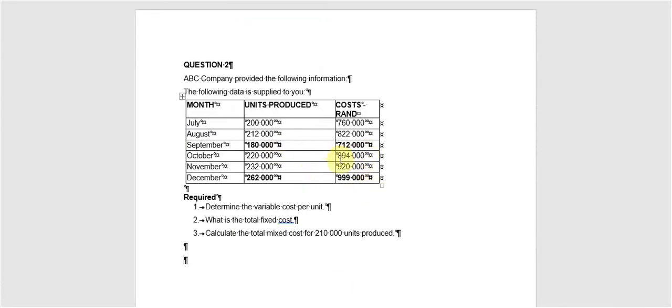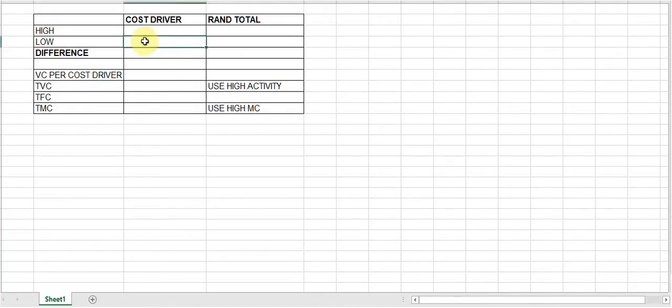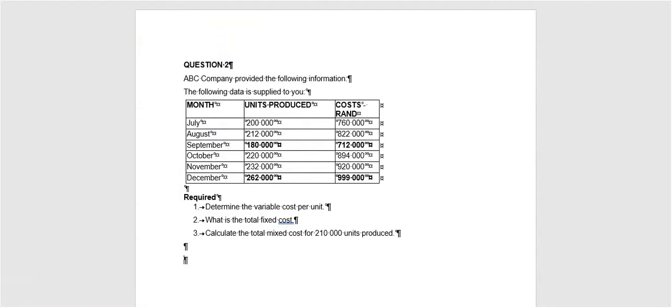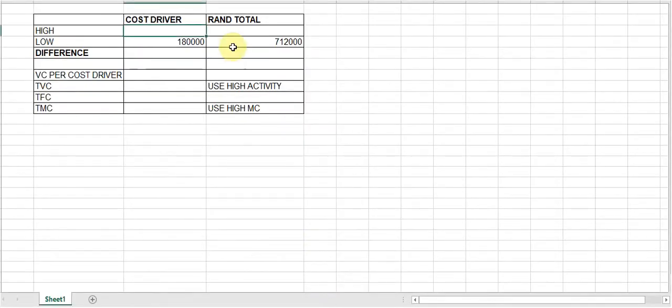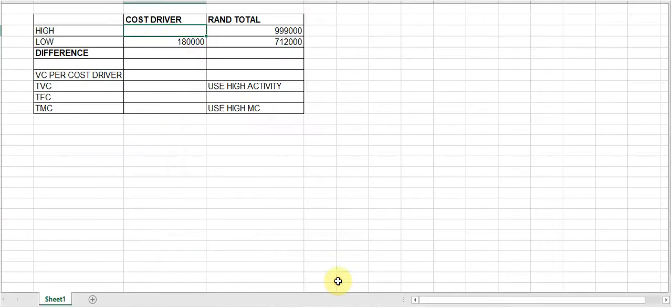Right, I'm going back to get the information. The lowest is 180,000 units at a cost of 712,000 Rand. For the highest, it is 262,000 units at 999,000 Rand.